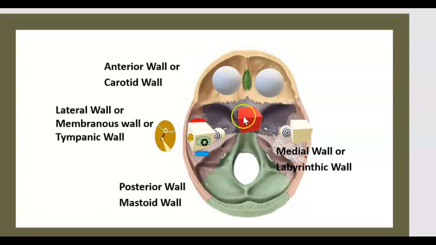Anterior cranial fossa, middle cranial fossa, posterior cranial fossa, sigmoid sinus, and here's the middle ear: the anterior wall or carotid wall, the posterior wall or mastoid wall, the medial wall or labyrinthic wall, and the lateral wall or membranous wall or tympanic wall. This is the roof; the inferior side is the jugular side.